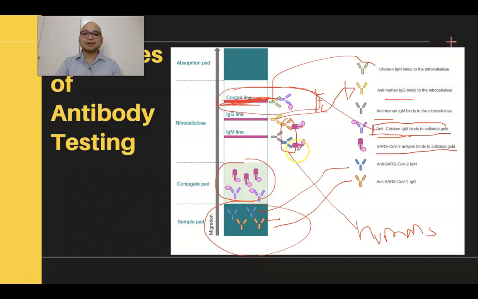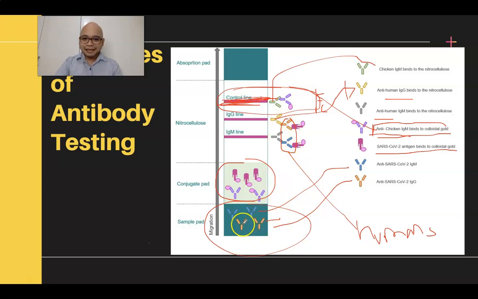Okay? So what's the purpose of the IgG line and IgM line? These are anti-human IgG and anti-human IgM, because they are anti-human. The Fc portion of our IgM antibodies will bind here, and the Fc portion of our IgG antibodies will bind here.